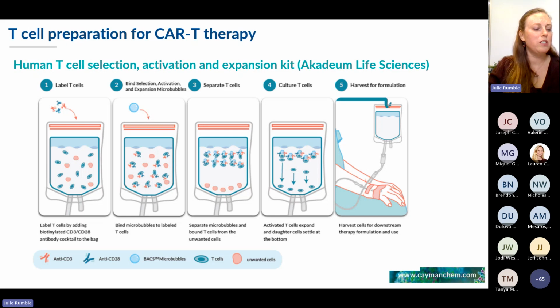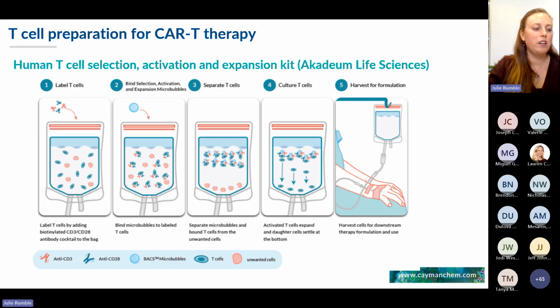In order to prepare the T cells, we used the Akadeum Life Sciences Human T Cell Selection, Activation, and Expansion Kit. The CAR T workflow for this kit starts from human blood leukopaks and adds anti-CD3 and anti-CD28 antibodies to both positively select and activate the cells.